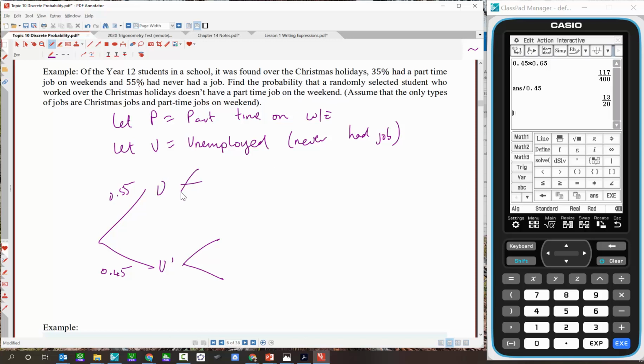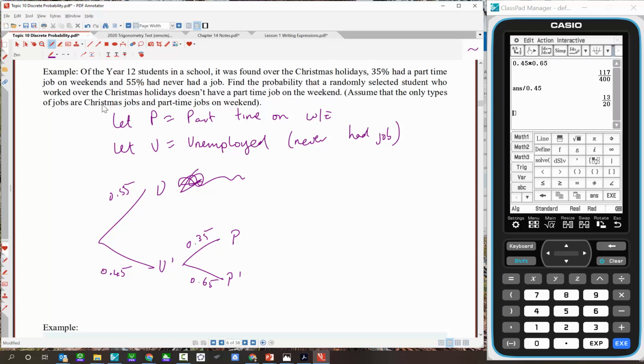We don't consider anything beyond here, because if you're unemployed, you can't work part-time on the weekend. So we're not worried about this branch here. We're going down here, and either they're going to be working part-time or not part-time. Part-time on the weekend is 0.35, not part-time, 0.65.